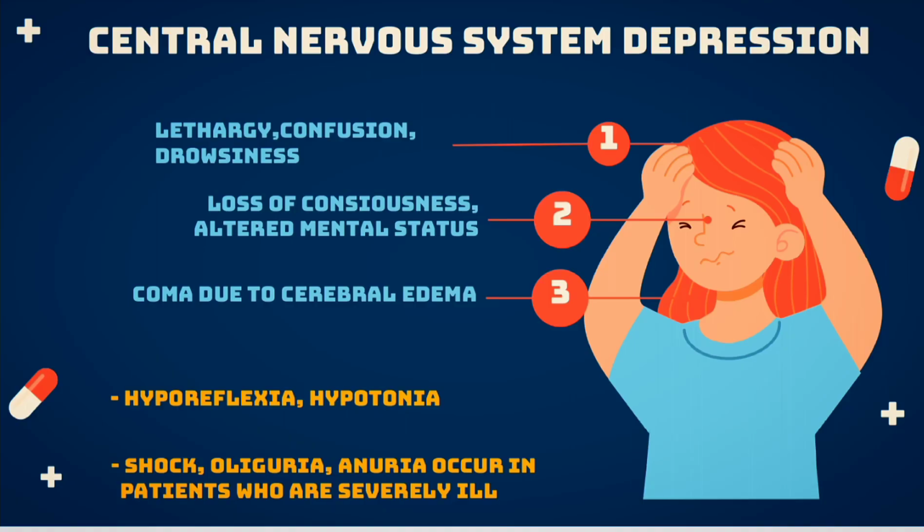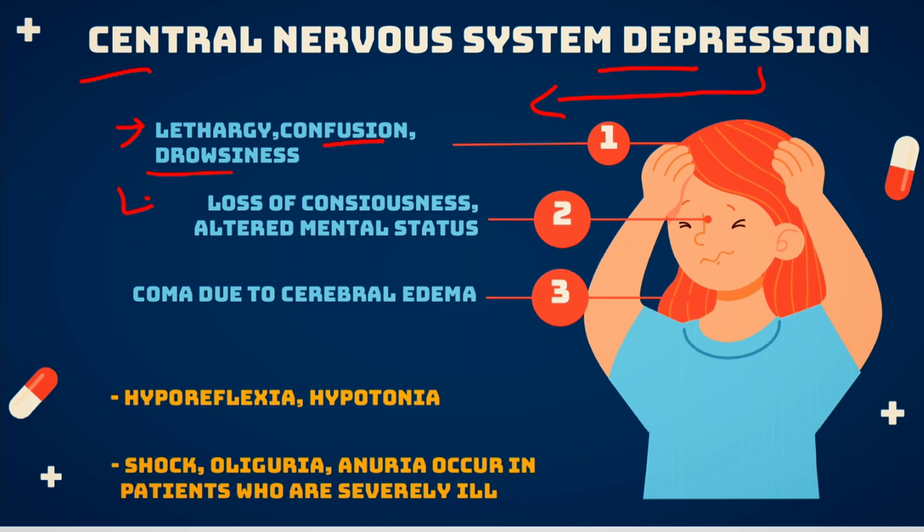There are some symptoms related to central nervous system depression. Due to this central nervous system depression, the patient can be in a lethargic condition. He can be confused, drowsy. Sometimes he can lose consciousness. There will be altered mental status as well, and sometimes the patient can reach a state of coma due to cerebral edema.